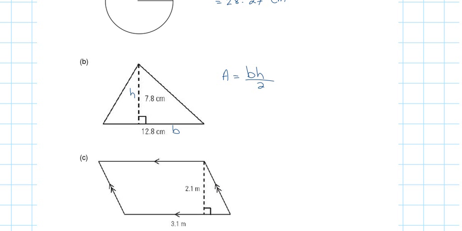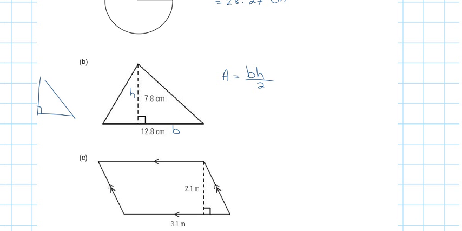Let's say if I have this, and they gave me this here as my height, then therefore this is my base. The height and the base have to be perpendicular to each other. If we have a right angle triangle, which one would be your base and which one your height?